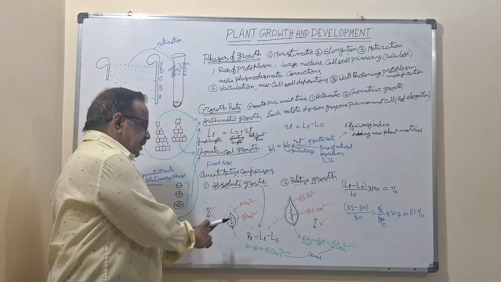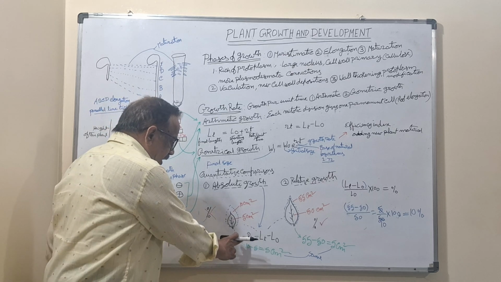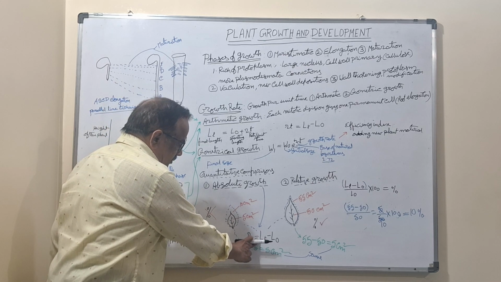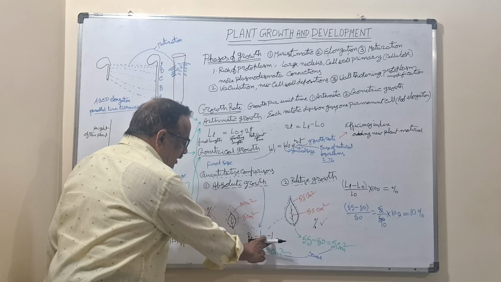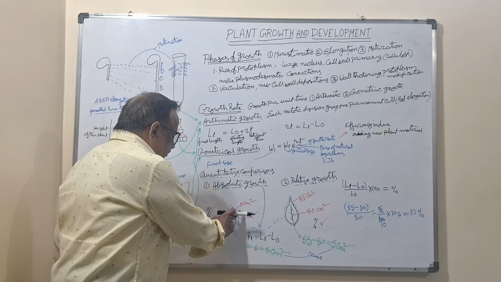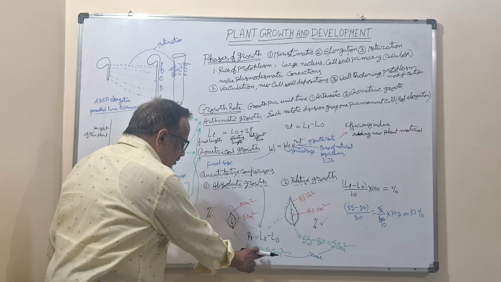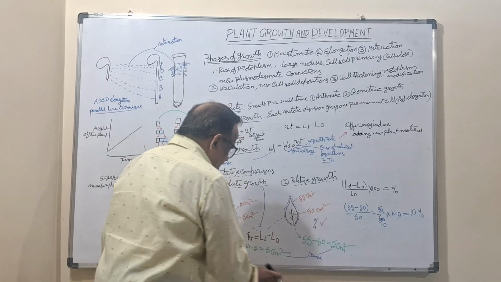Whenever we say how much growth this leaf showed, it is the final length minus the initial length. For the first leaf, the final 10 minus 5 becomes 5 centimeters. Here 55 minus 50 is 5 centimeters.